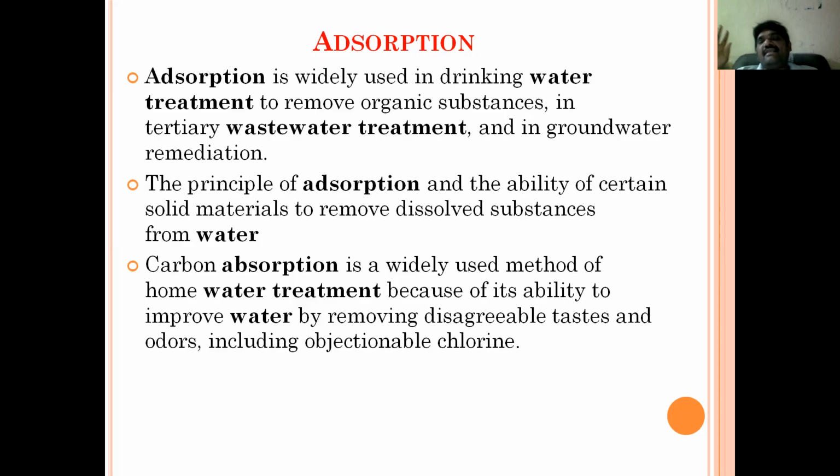As they have the vacancy in their molecular configurations, they always try to make bonds with other similar vacant particles or contaminants in the wastewater, and after making bonds they come out as a filtrate. That is called adsorption.